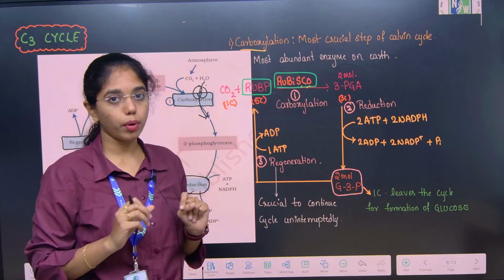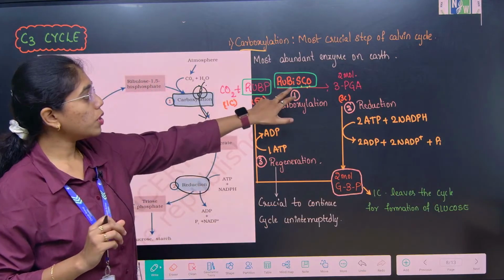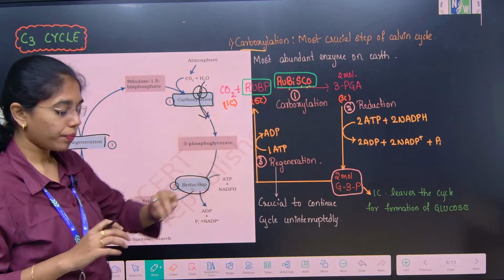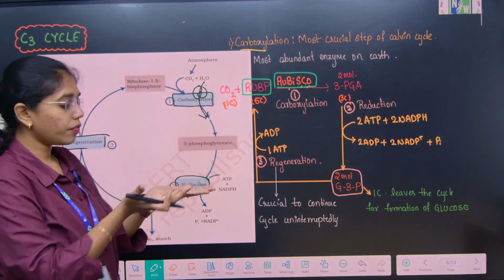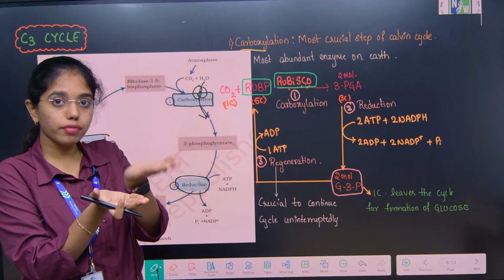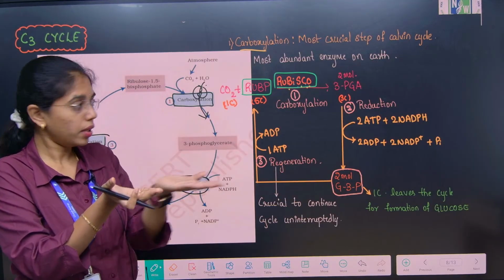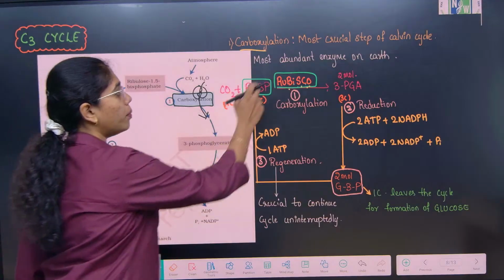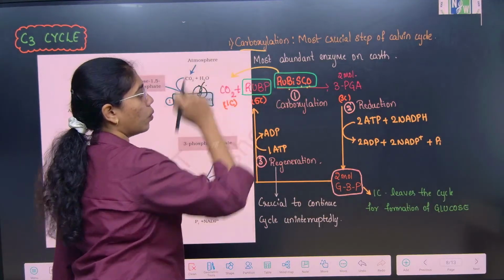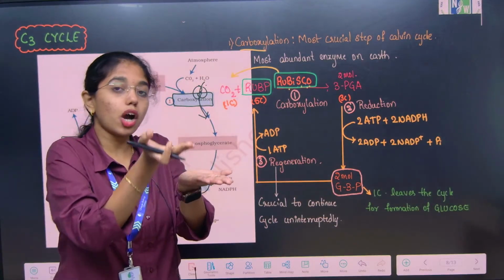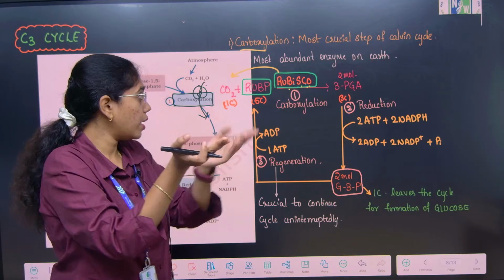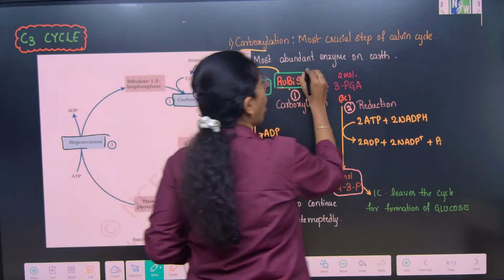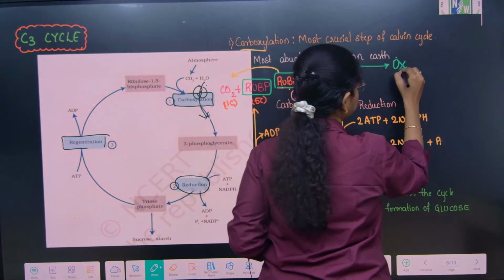Remember here one point I will tell you, Rubisco will perform dual functions, right? In the atmosphere, for C3 plants, if there is equal concentration of carbon dioxide and oxygen, Rubisco will perform carboxylase activity only. But if oxygen concentration is more and carbon dioxide concentration is less, then Rubisco will perform oxygenase activity.